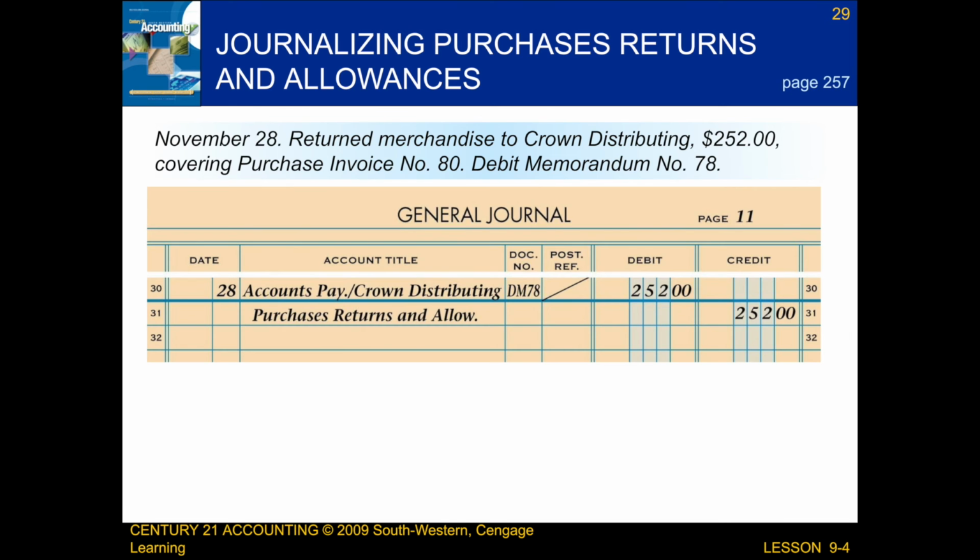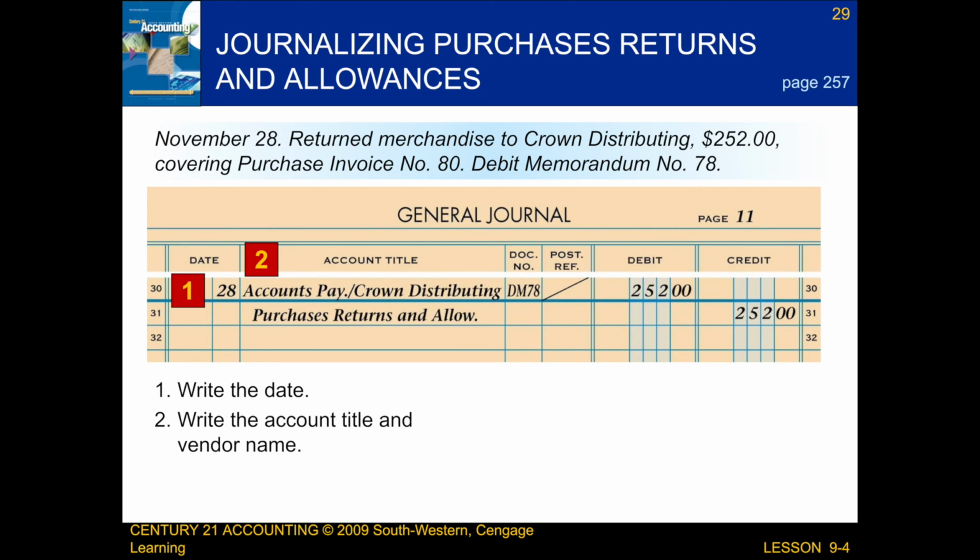All right, so when we journalize a transaction related to purchases, returns, and allowances, there are a few steps that we follow when doing this process. First, we write the date, which is November 28th, in the date column. Next, we write the account title and vendor name, which is Accounts Payable, Crown Distributing, in the account title column. After that, we place a diagonal line in the post reference column.